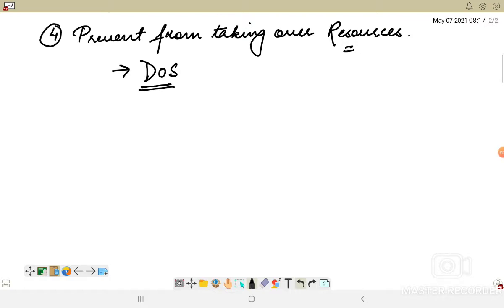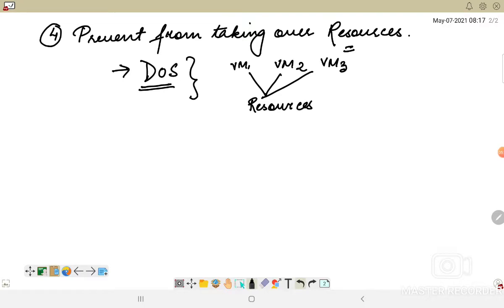It has to be predefined so that we understand there is enough resource available for all the machines, and there is no blockage involved in accessing the resources. So this we have to keep in mind.